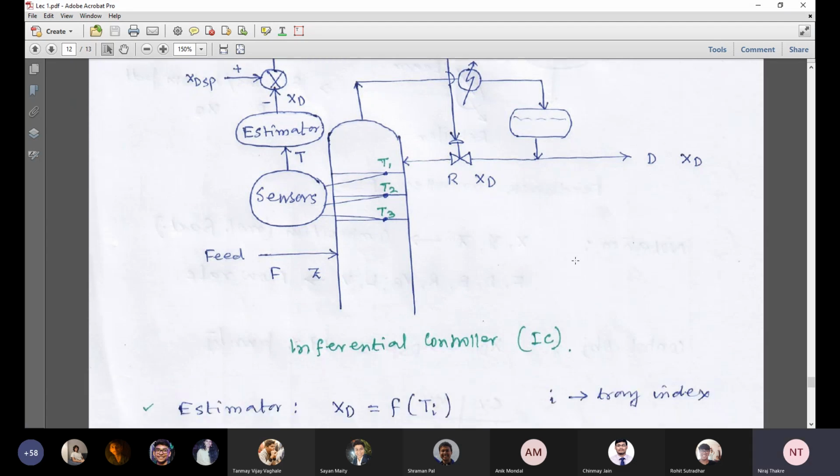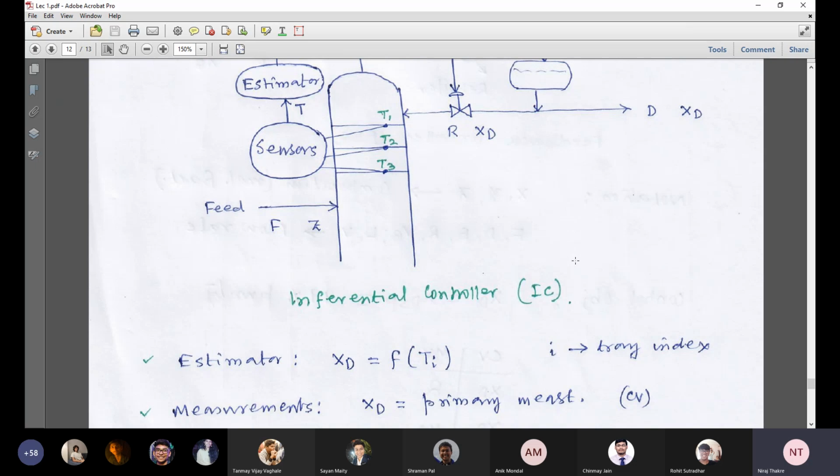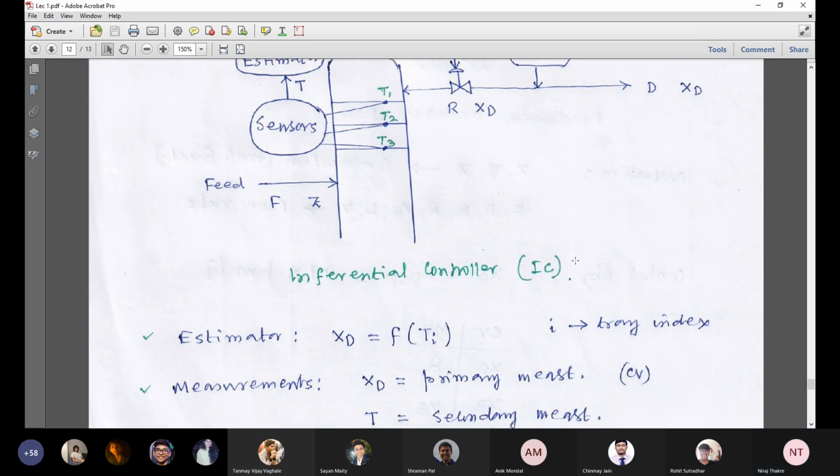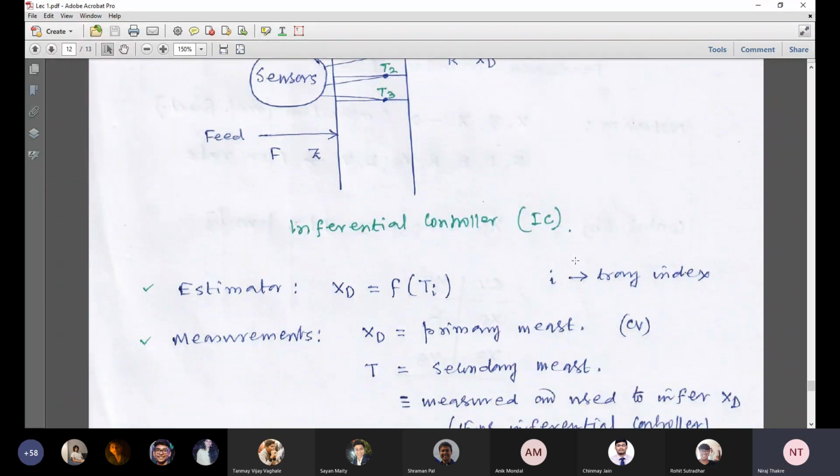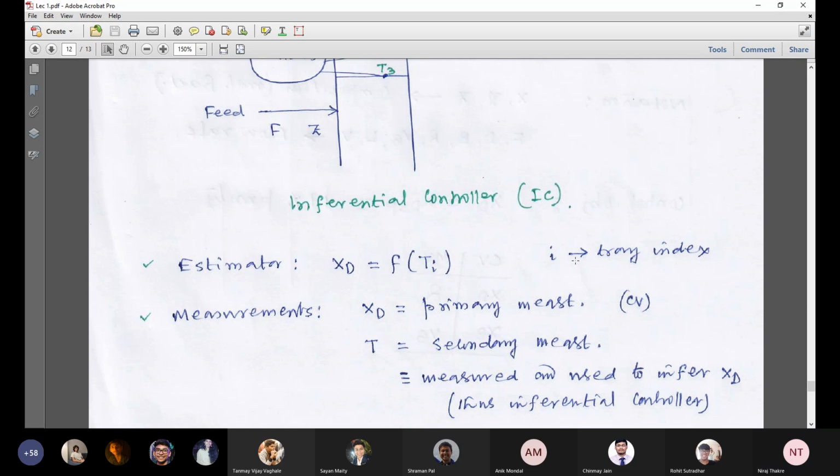Okay, now the question is why it is called inferential controller. I'm coming to that point. We just note down these points. Here estimator means it's a software which correlates XD and measured temperature.